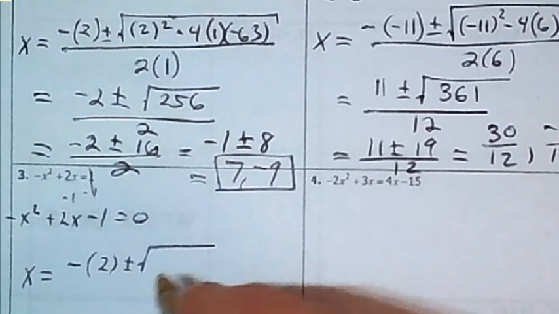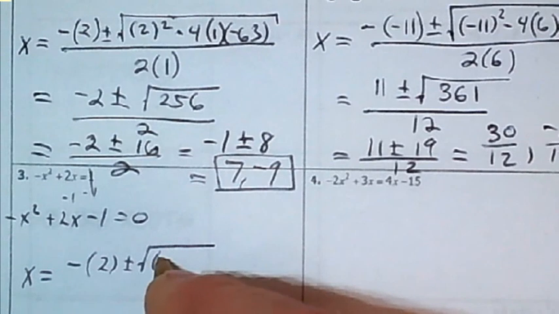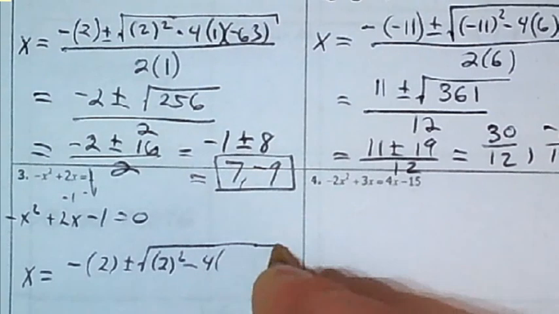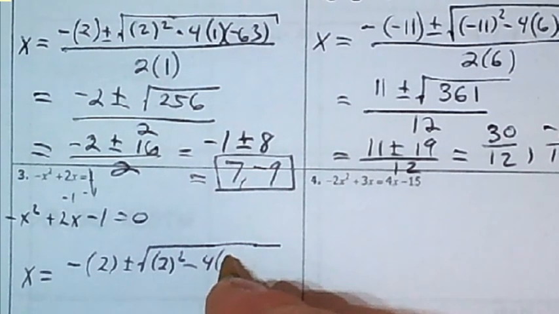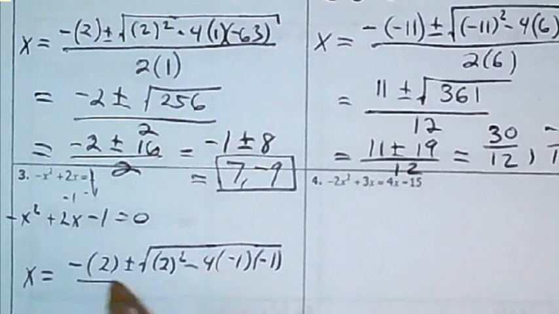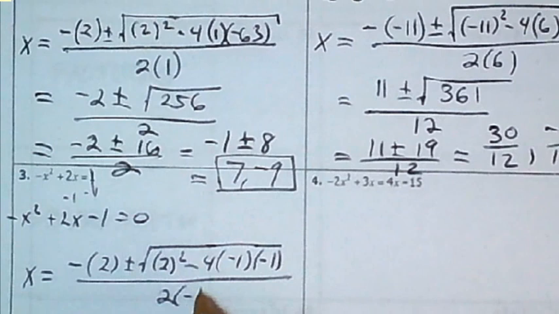What is it? 2 squared minus 4 times, over 2 times negative 1.